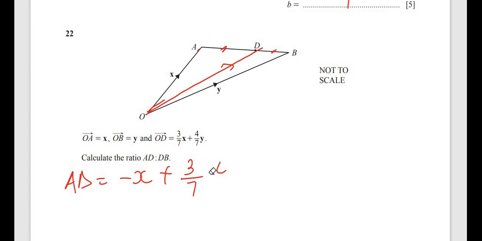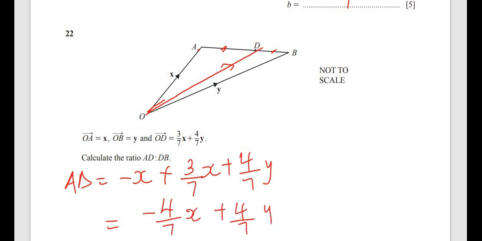So when you simplify this, minus x plus 3 out of 7x is negative 4 out of 7x, plus 4 out of 7y.